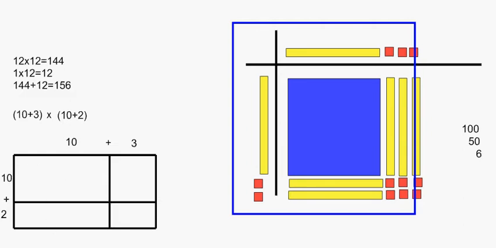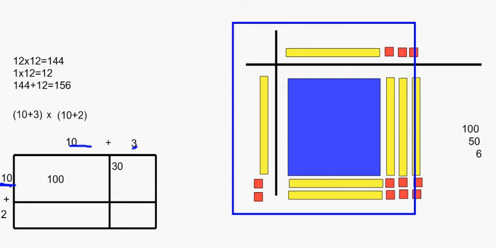So up here in the corner, I've got my 10 times 10, and that is going to give me a piece here in the middle, which would be 100. Across the top, we now have 10 times the 3, and that piece is going to give me 30 here in that section right there. So there's my 30 piece.